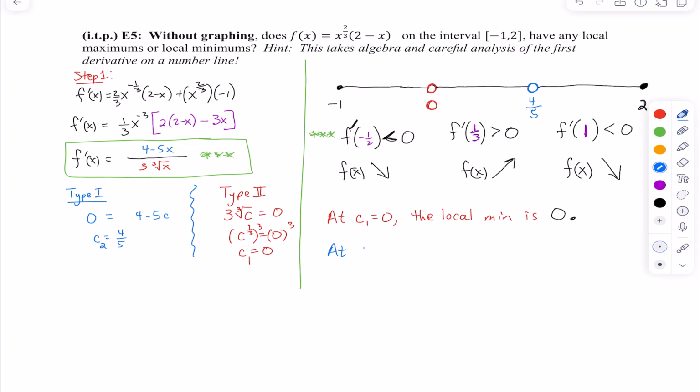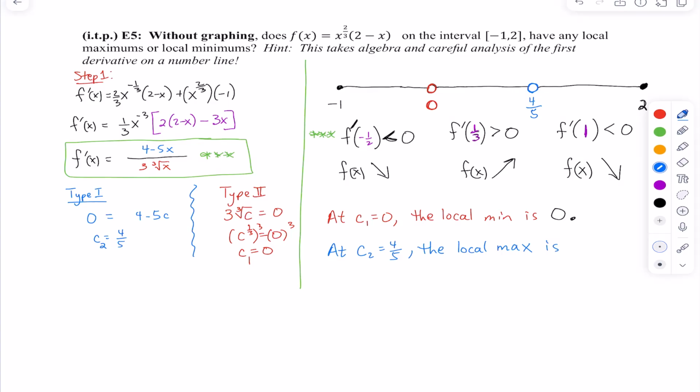At the critical number 4/5, well, the function before 4/5 did what? It went up, and then after 4/5 it went down. So this has to be a local max. And it's actually evaluated at f of 4/5.